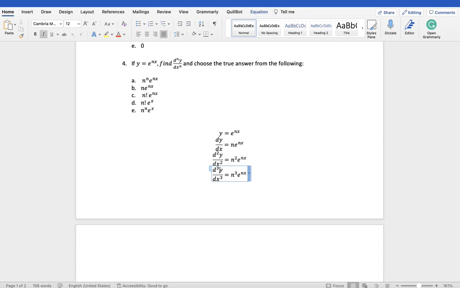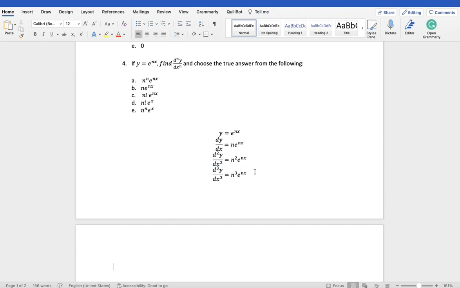So whatever derivative you are on, it will be just equal to n to that nth derivative, right? Whatever it is, the third derivative, the second, the fourth, the first, multiplied by the original function.